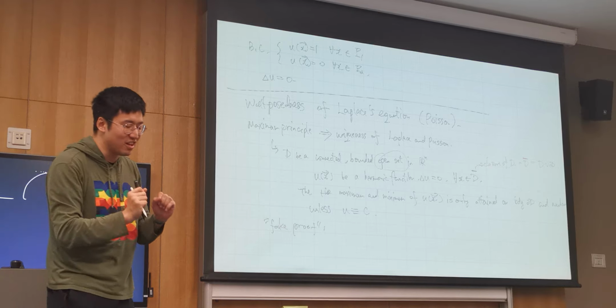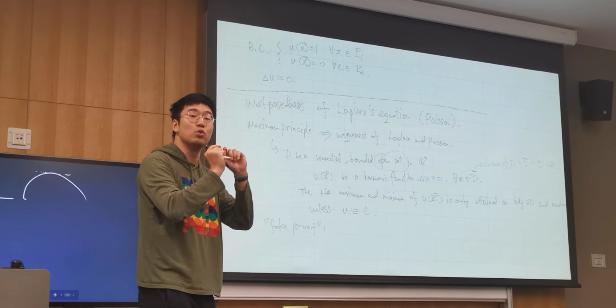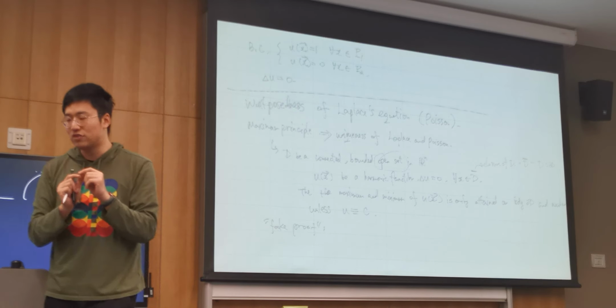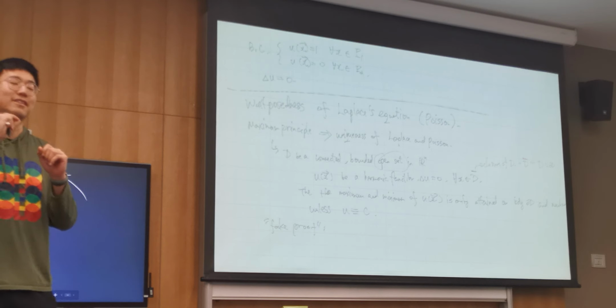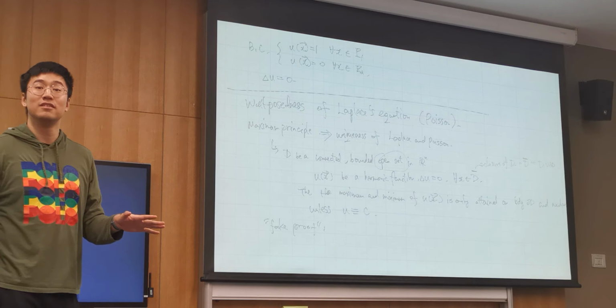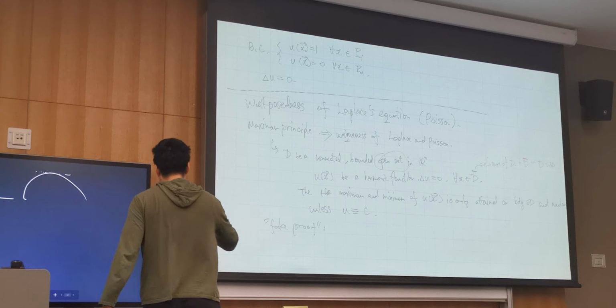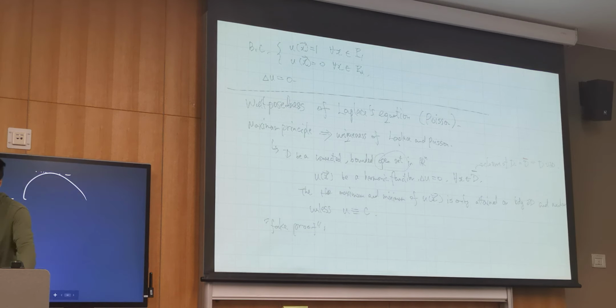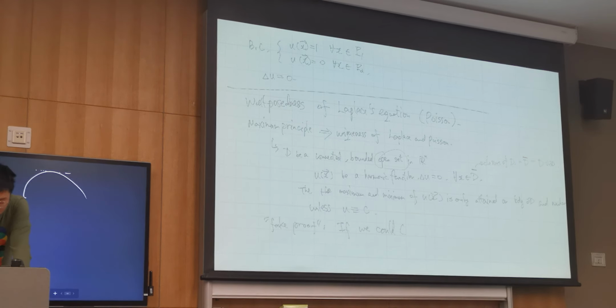But if I could say that the second order derivative of a maximum should be strictly negative, then we're done. Actually, we couldn't.